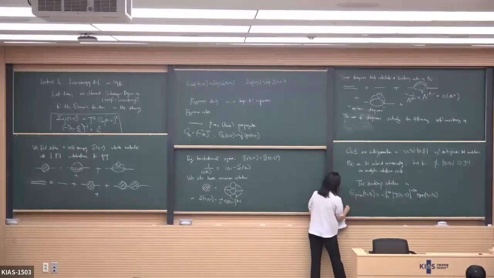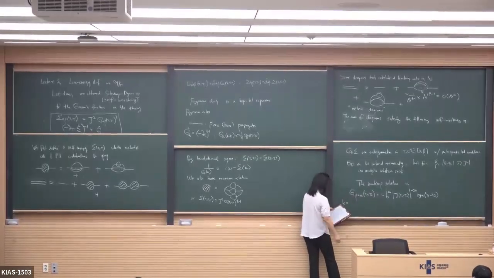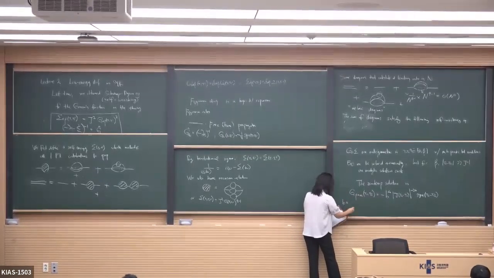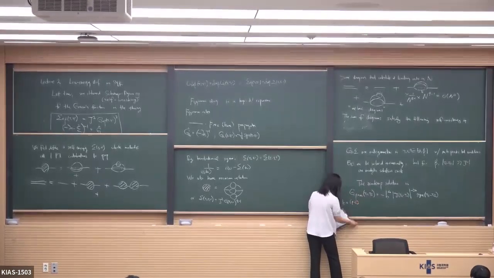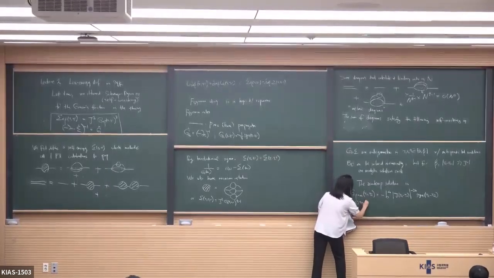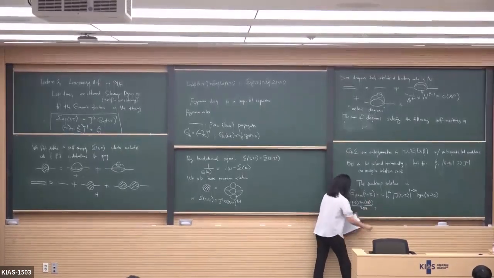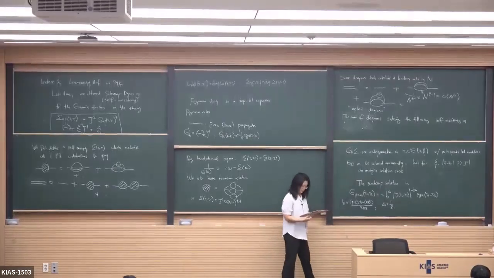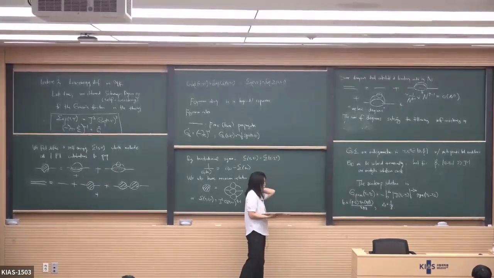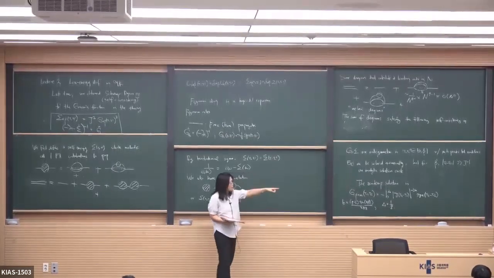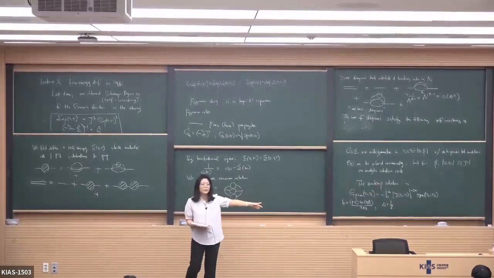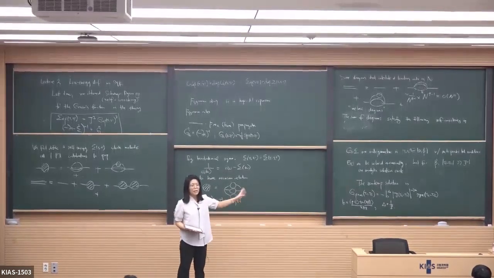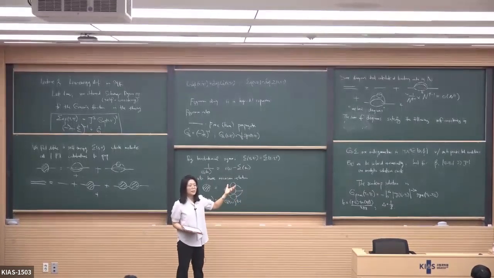B here is a constant that depends on Q. B is Q minus 2 times tangent of pi over Q, over 2 pi Q, and delta is 1 over Q. Does everybody recognize that this looks like the 2-point function in a conformal theory? It goes like the distance to the minus 2 times some dimension.